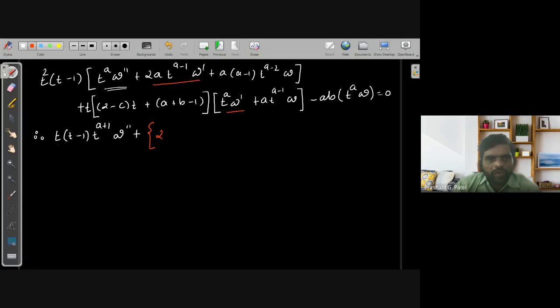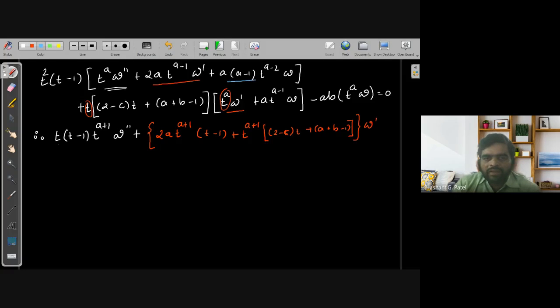So we have 2a into t power a plus 1 into t minus 1. That is the coefficient of w dash. Plus, t power a is there and this t is there, so it will become t power a plus 1. And this quantity is as it is, inside bracket 2 minus ct plus a plus b minus 1 into w dash.